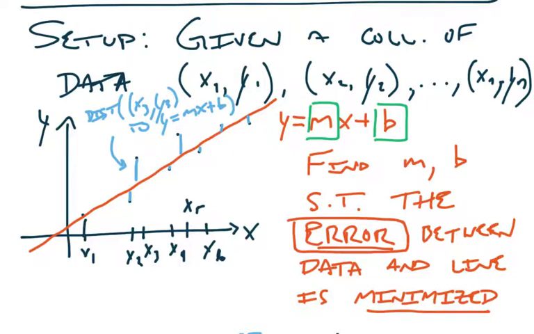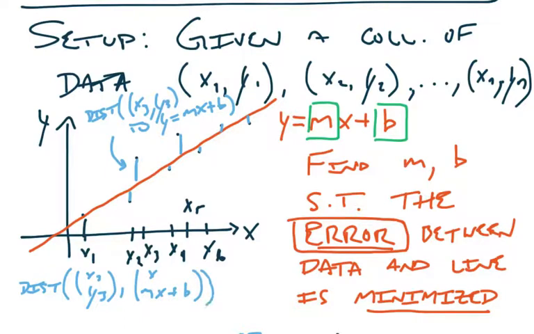All right, and the reason why it's nice to consider just the vertical deviation there is that this distance, I'll write it down here, this distance from the vector x3, y3 to the line, which is going to be given by x and mx plus b, since y is equal to mx plus b.